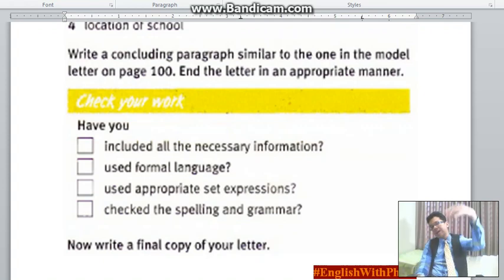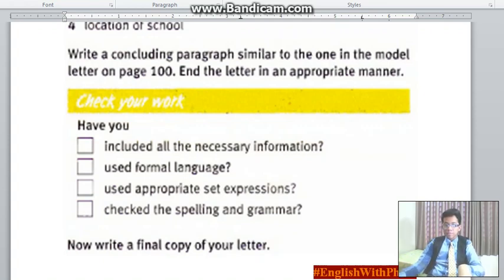Maybe when they accept your application to learn at a school, they may interview you for a little bit. So end the letter in an appropriate manner like that.